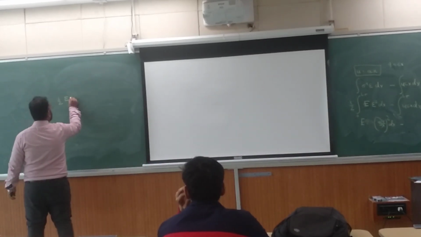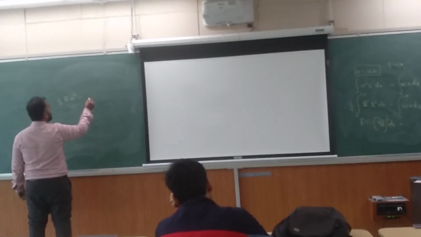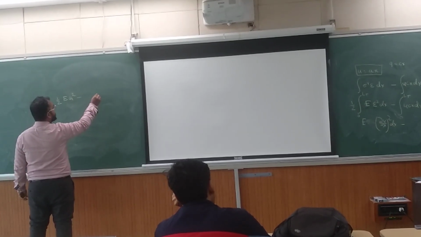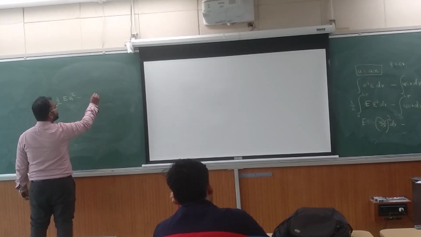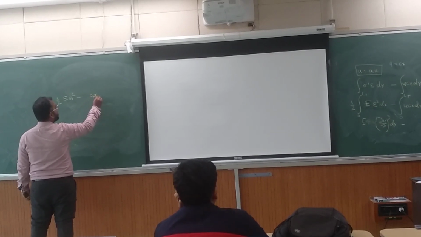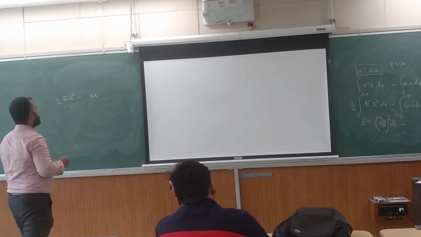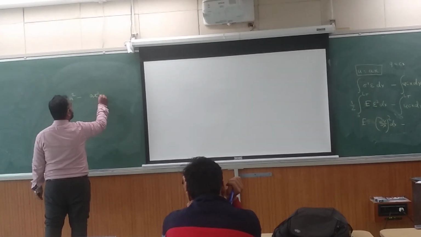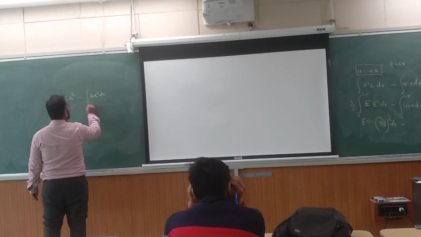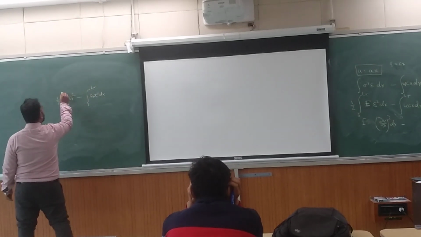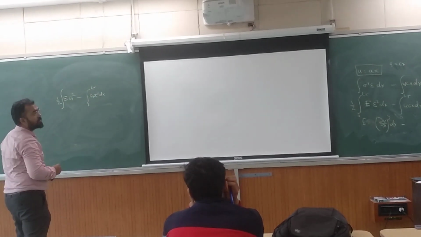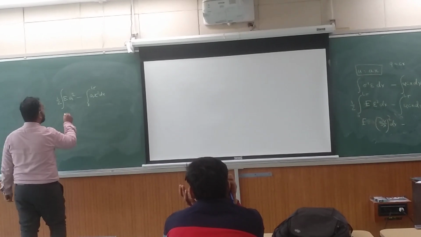So A1 square minus, so I have ucx dx, right? So u is A1x, and then I have x dx, right? So it becomes x square dx integration, and I also have integration here, no? So what is that? dx.